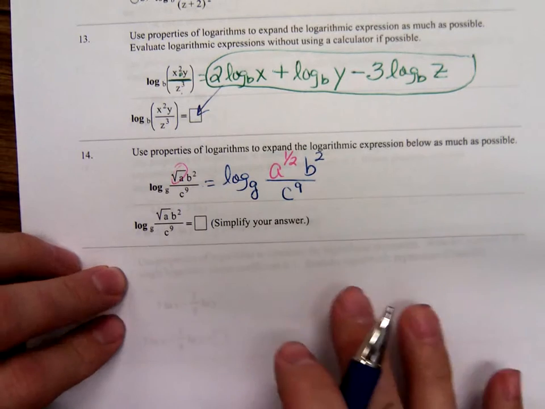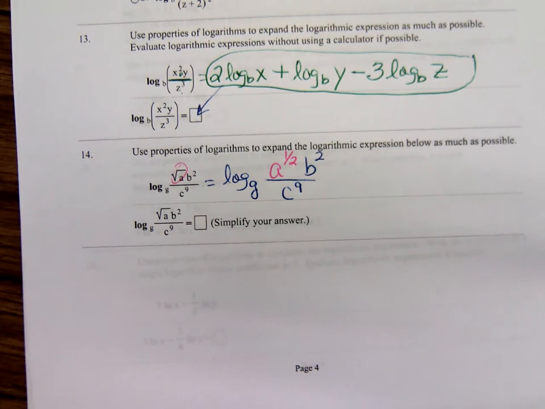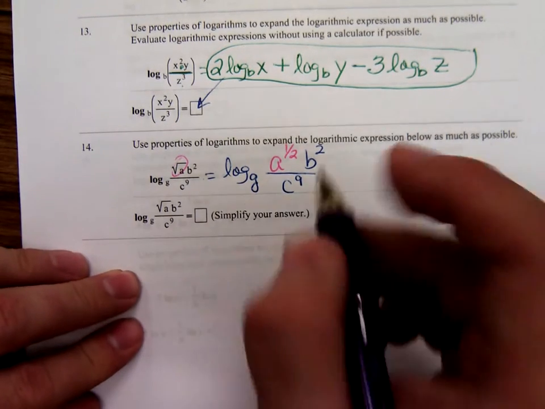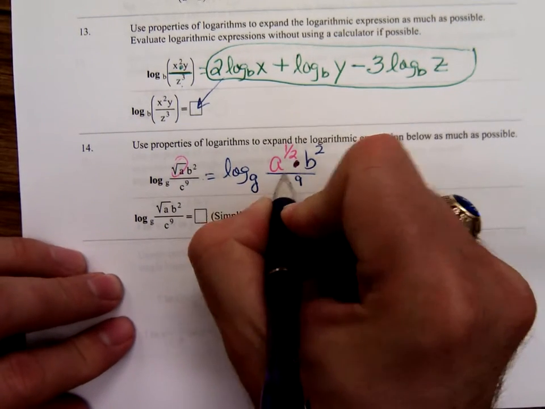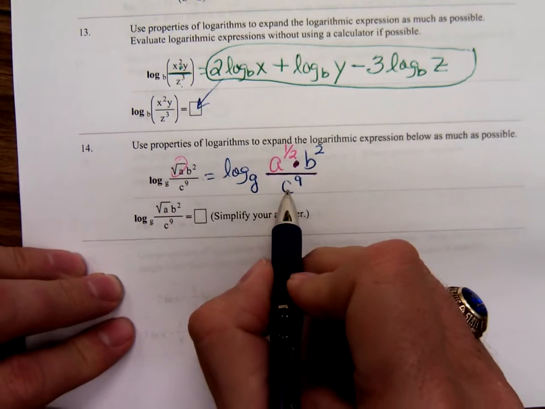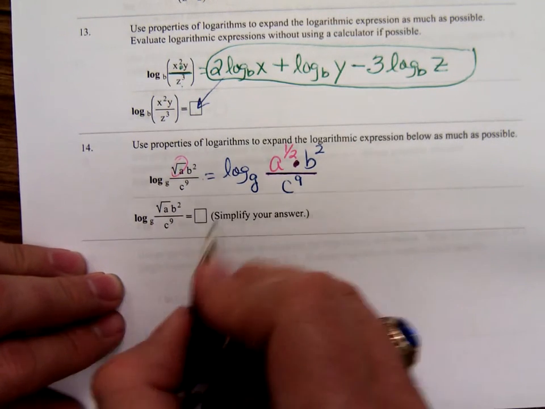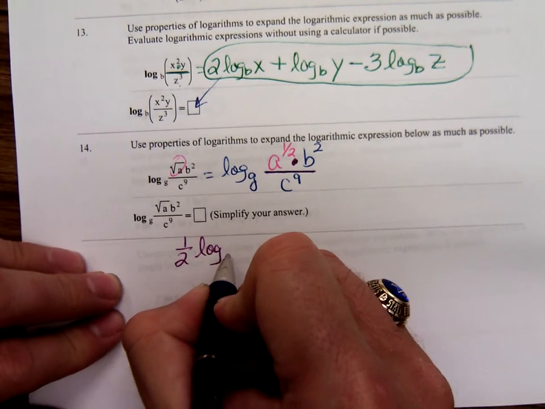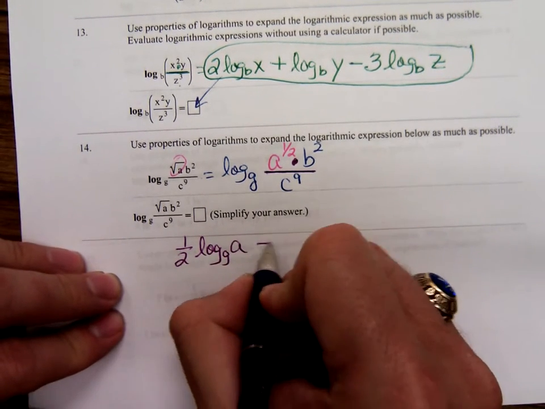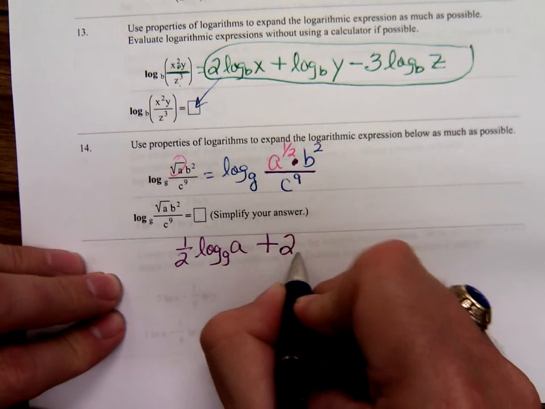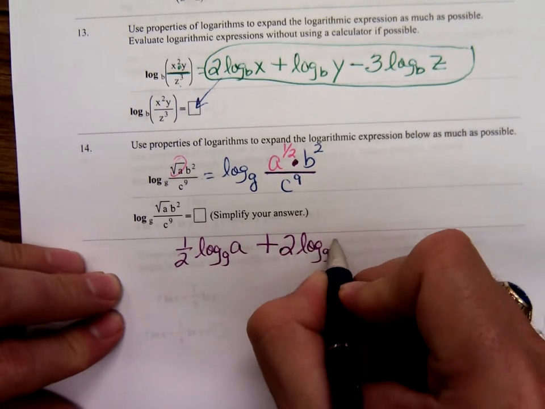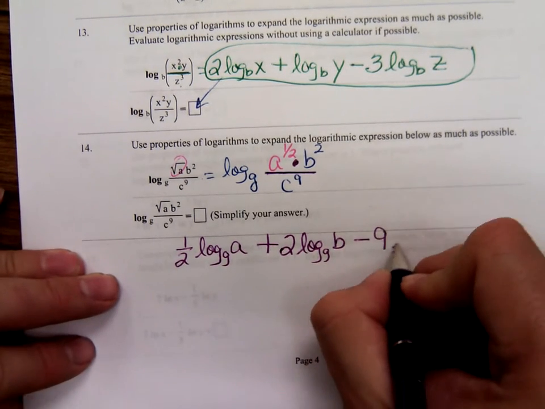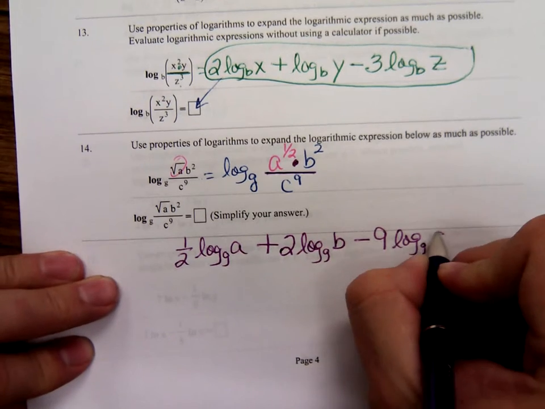To expand this, I'm just going to write it out right down here. You separate at multiplication and division, so there'll be one minus sign. You write the exponent in front of the letter L, 1/2 log base G of A, then a plus 2 log base G of B, and a minus 9 log base G of C.